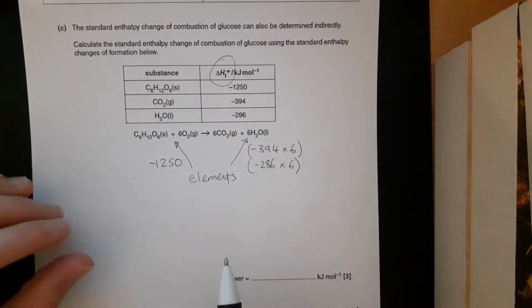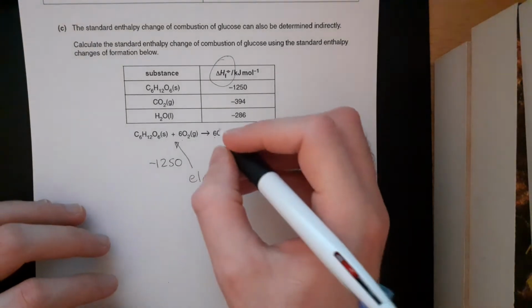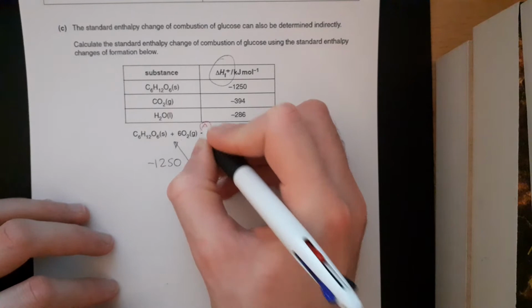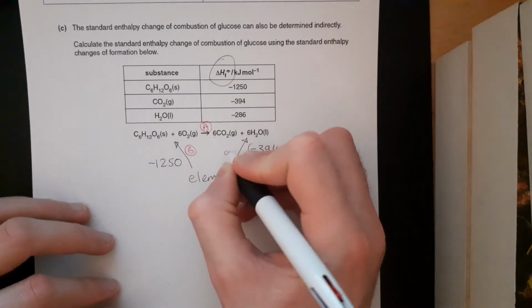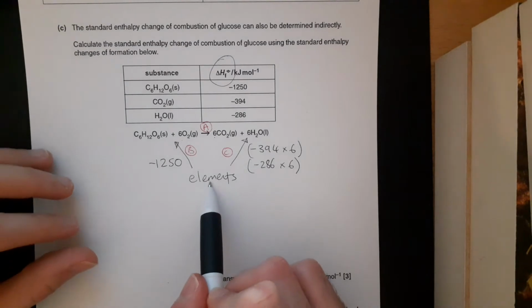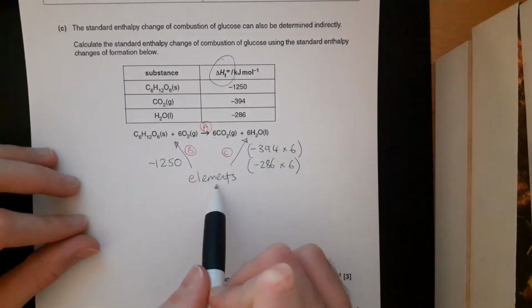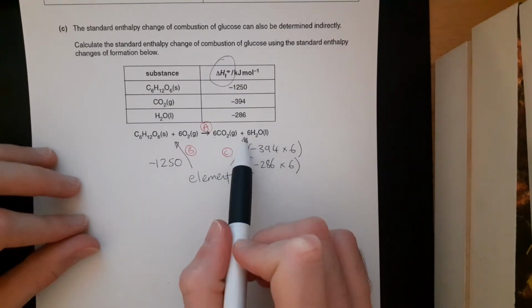Okay, and so then what Hess's law says is that it doesn't matter which route you go by, as long as you start and you end up in the same place, then the enthalpy change will be the same. So if we just label these up, let's call this A, let's call this B and C. So hopefully you can see that if I start with my elements, I could either do B and then A, or I could do C, and I'd end up in the same place.